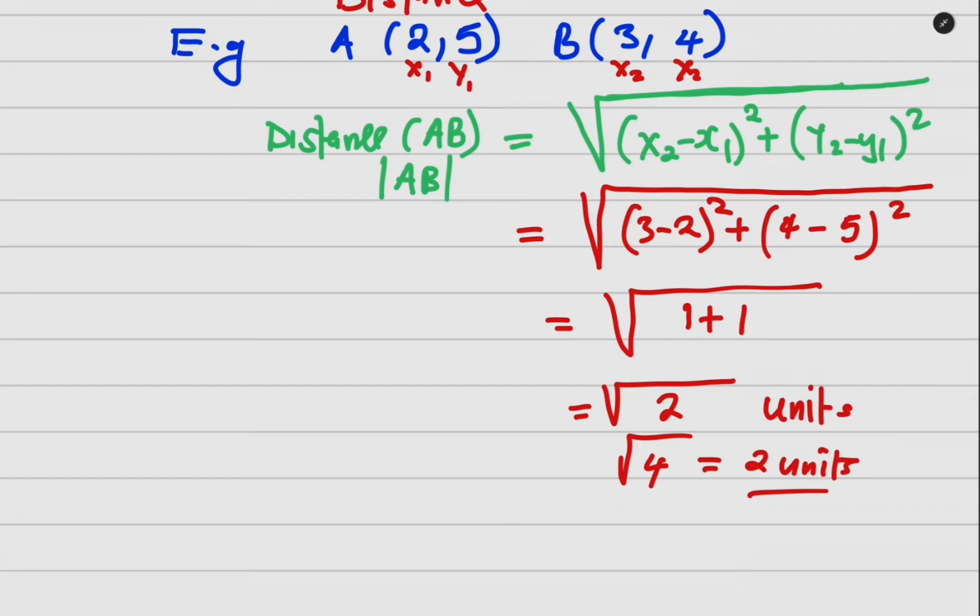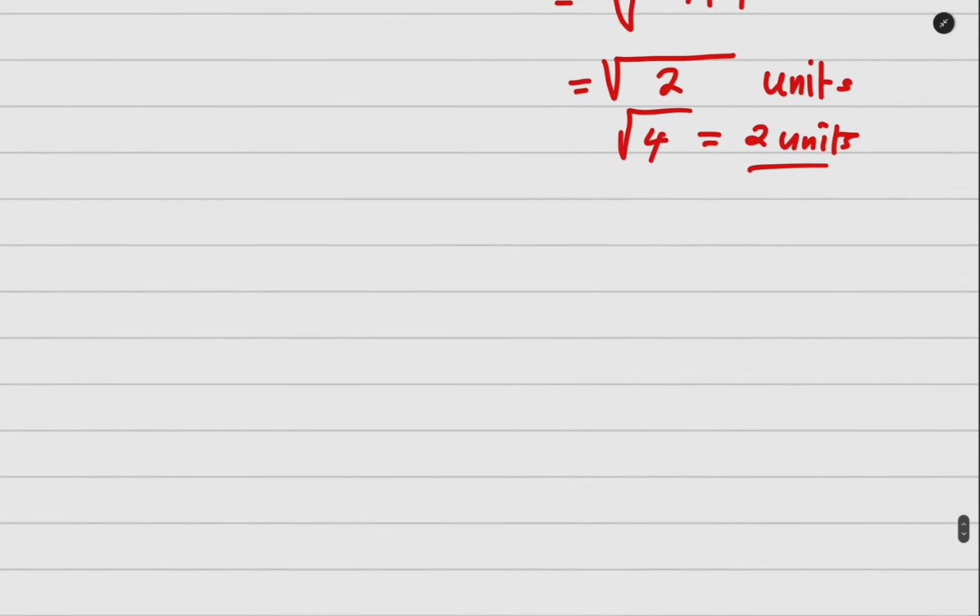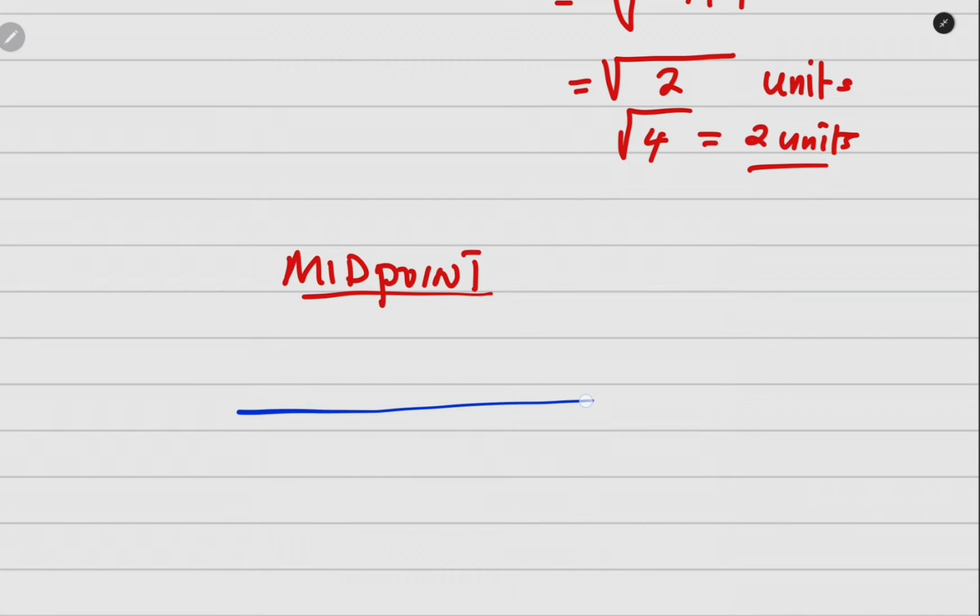Alright, so the second objective we said is to find the midpoint. So we are shifting now to look at the midpoint. How do you find the midpoint between 2 points? I'm going to demonstrate in terms of a line.